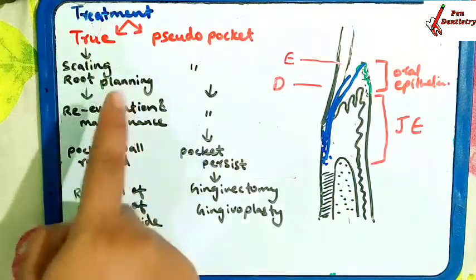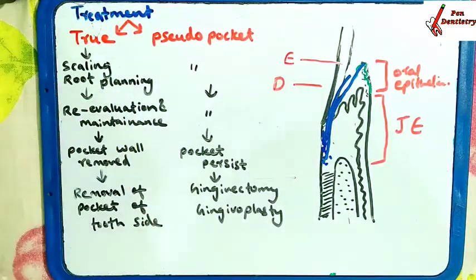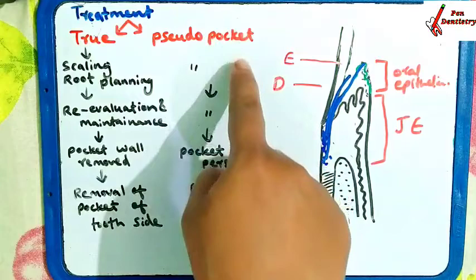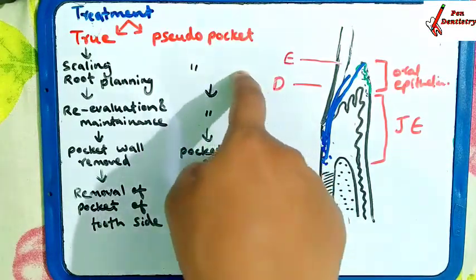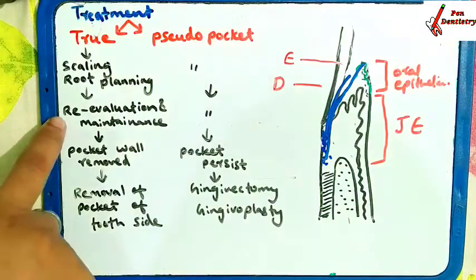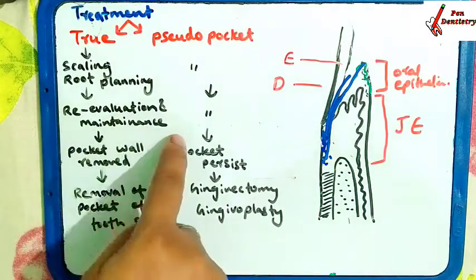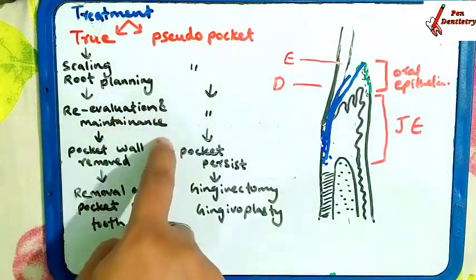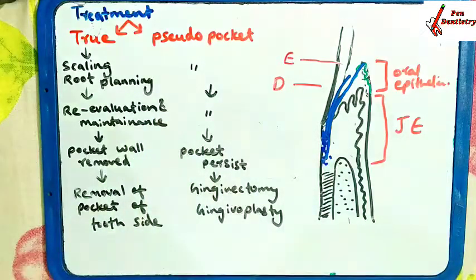In true pockets, you are going to do scaling and root planing. The same first treatment for pseudo pockets: scaling and root planing. You are going to re-evaluate the pocket and maintenance. Oral hygiene will be maintained, with proper mouthwash and cleaning.